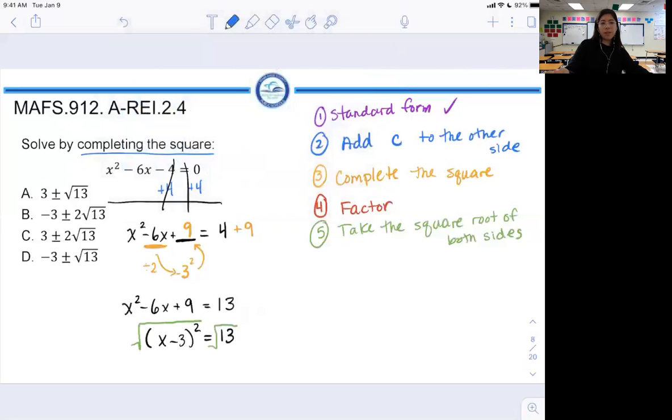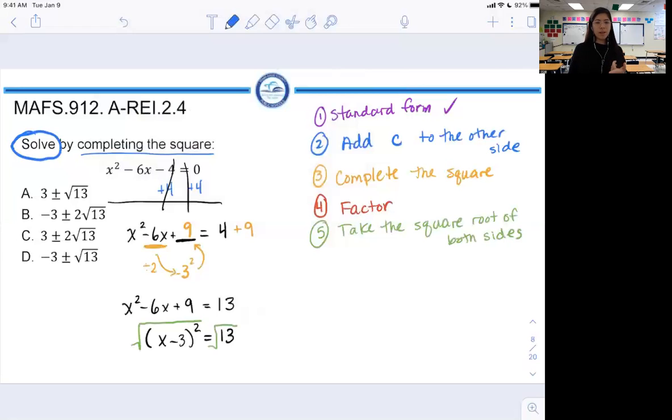What am I solving for? It says solve. What am I solving for? What needs to be alone? Yeah, Tyrone, the x. Jalen, exactly, the x. That's my whole goal right now, I'm trying to get x all alone.